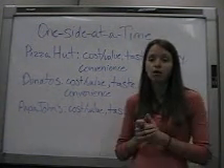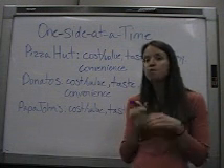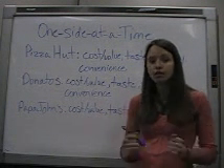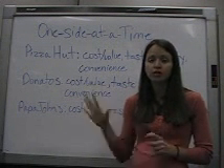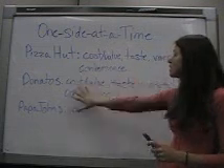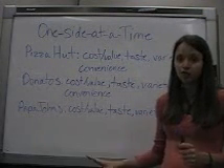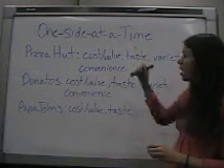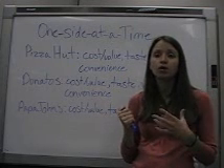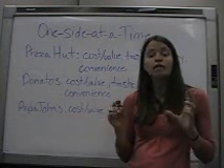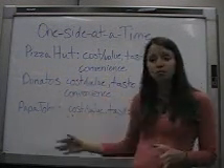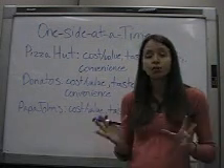This is probably the most important thing to consider when you're doing your compare-contrast essay: the organizational style that you're going to choose. Now, the one side at a time works well for subjects that are not really complex, like choosing a pizza place, not terribly complex.